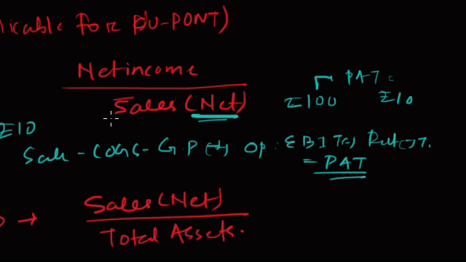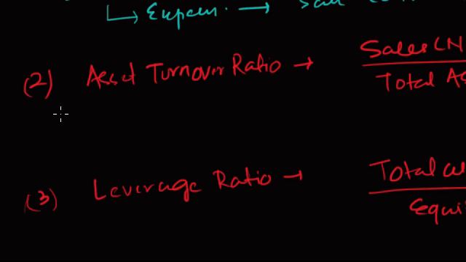For every 100 rupees of sale, it tells what, in rupee terms, the entity is able to generate for the equity shareholders. Now the second one is the asset turnover ratio. It's a part of the efficiency ratios. It specifies how efficiently we are able to utilize our assets.